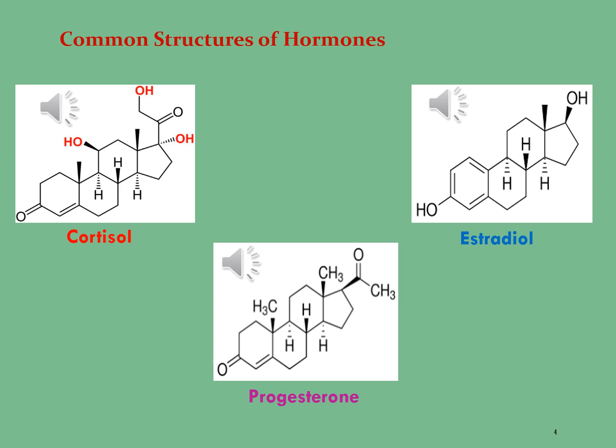The chemical formula is C21H30O2, meaning 21 carbon atoms, 30 hydrogen atoms, and 2 oxygen atoms, present at carbon 3 and carbon 17 positions. The molar mass of progesterone is 314.469 grams per mole and the melting point is 126.